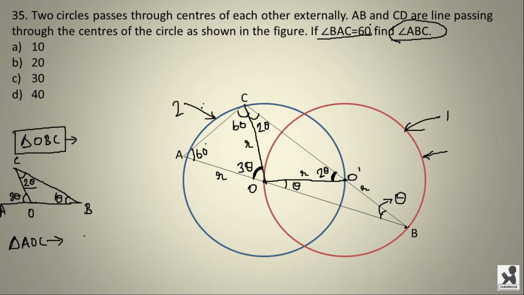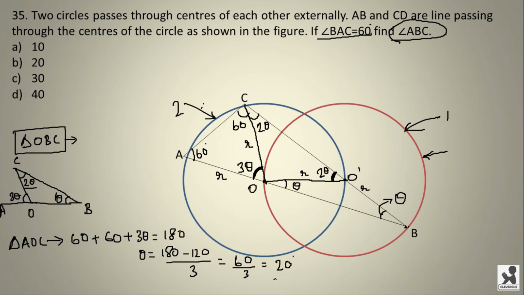In triangle AOC we can say that 60 plus 3 theta is 180 degrees. Now we get theta is equal to (180 minus 60) by 3, that is 120 by 3, which is 40 degrees. Option B is the right answer.